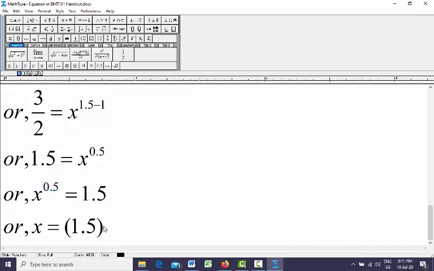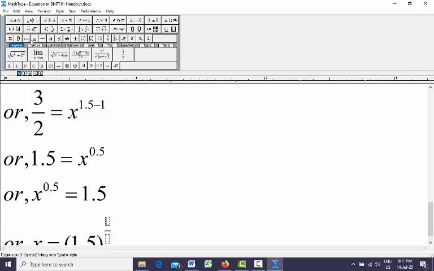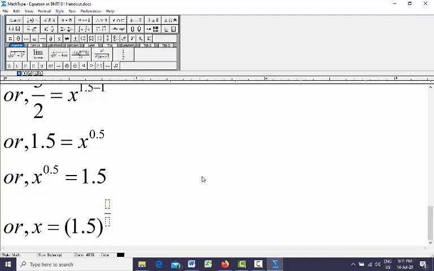Power always moves from one side to another as power, but we will have the reverse or inverse of that power. So we had 0.5 here, and when we move it to the right hand side, we will have the power 1 by 0.5.